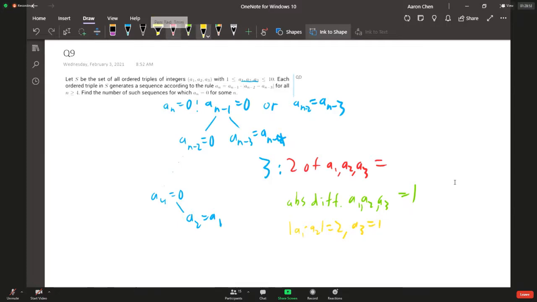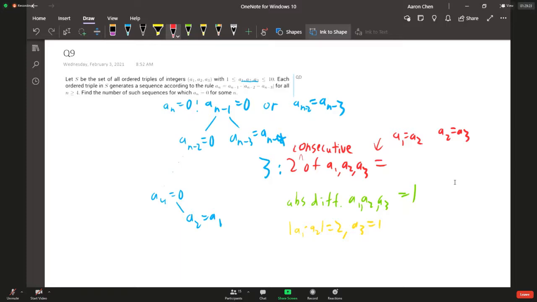So first of all, we can deal with this case because it's pretty easy. So two consecutive numbers, sorry. And so in this case, you either have A1 is equal to A2 or A2 is equal to A3. You can have all three equal to each other, and we'll exclude this through PIE.